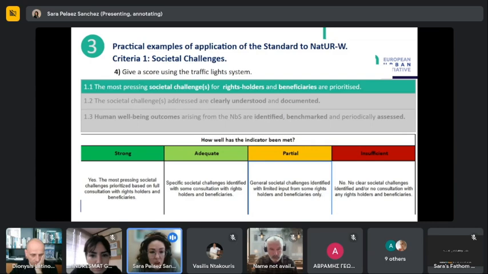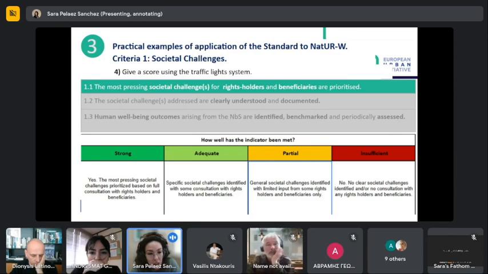Some specific societal challenges have been identified with some consultation with right holders and beneficiaries. I think in our project we did some consultation, but we might be missing some vulnerable groups in our stakeholder board and during the consultation process, for example, some migrant communities.